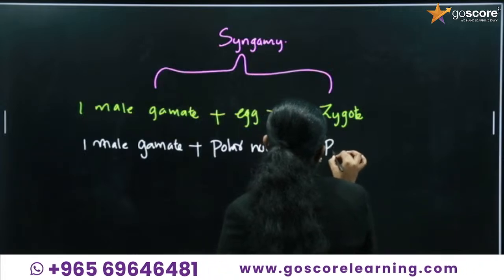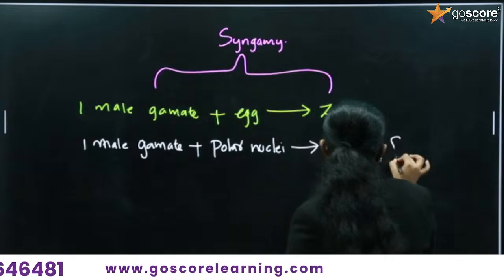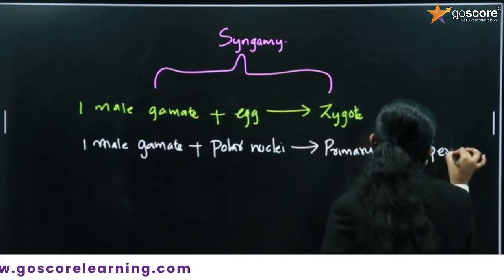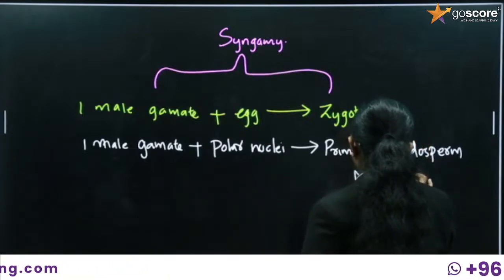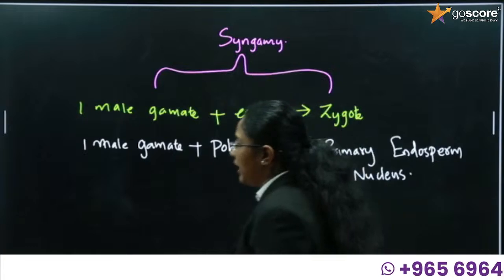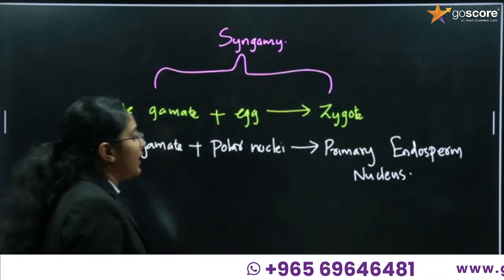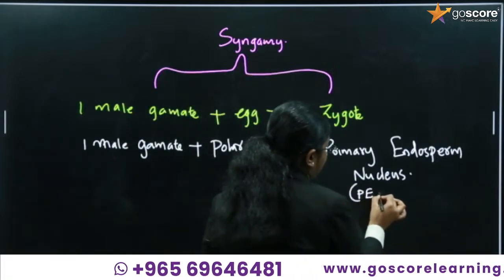What is PEN? Primary endosperm nucleus. One male gamete with polar nuclei forms the primary endosperm nucleus. We can call this PEN.